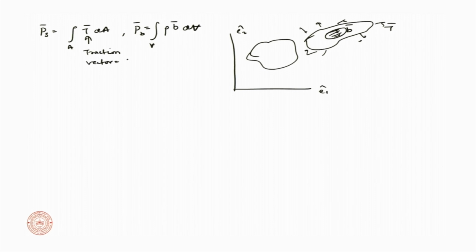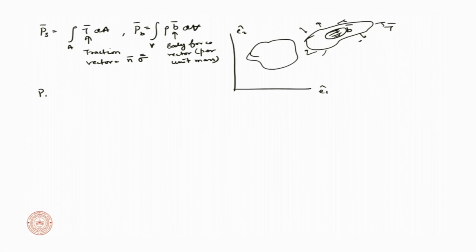I am just giving a small revision, which was n vector into sigma, where sigma is our stress tensor, in this case a Cauchy stress tensor, and B is our body force vector, which is per unit mass, the weight of the body.